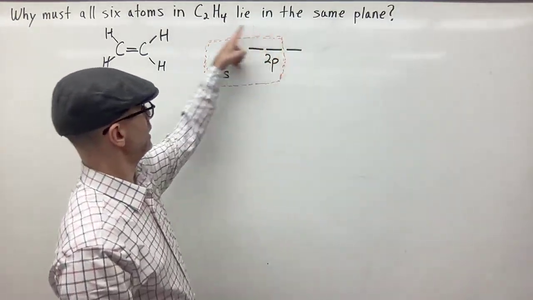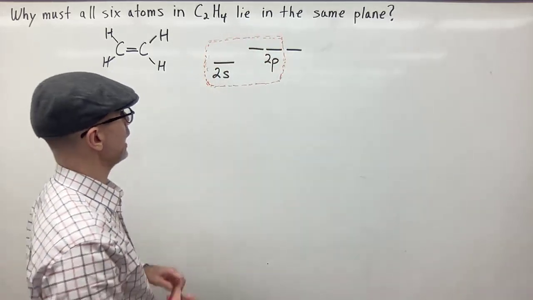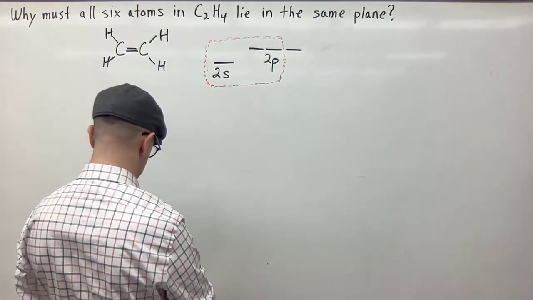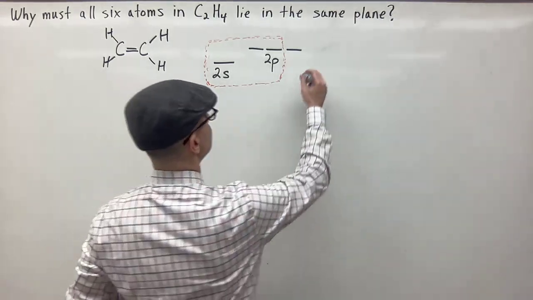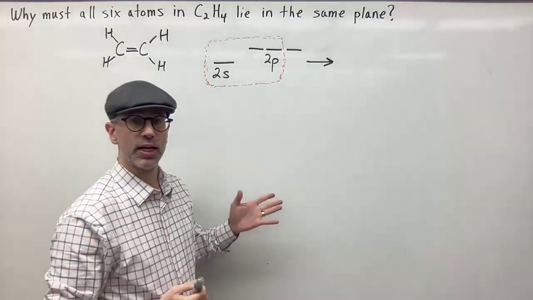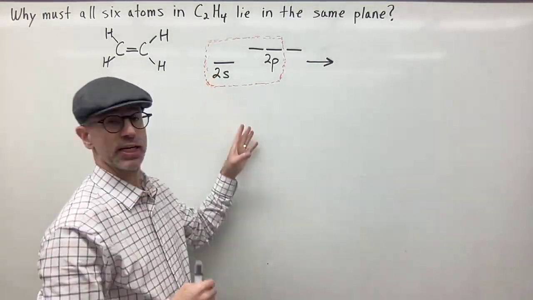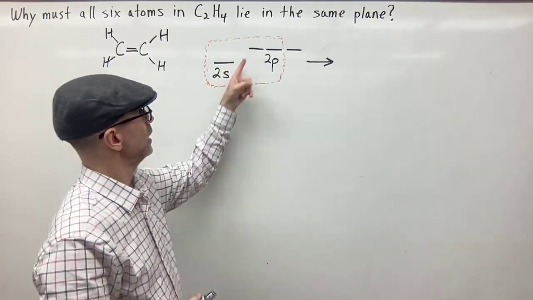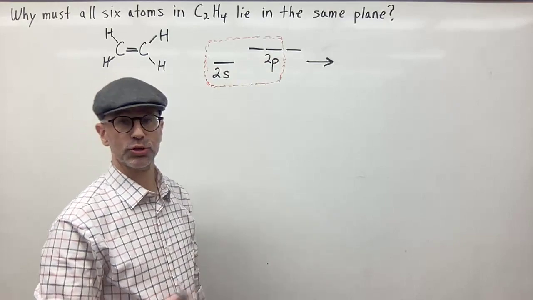Then we're going to take these three, and we're going to get three equal energy sp2 hybridized orbitals. Why sp2? Because we have one s and we're taking two p orbitals, so that's 2.